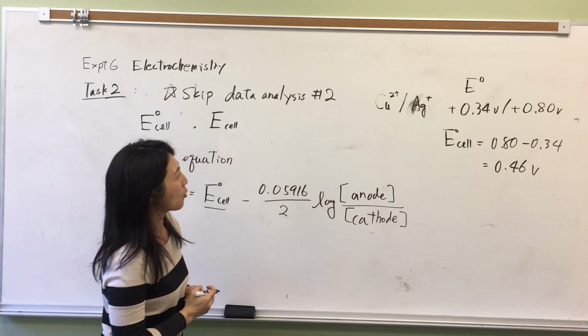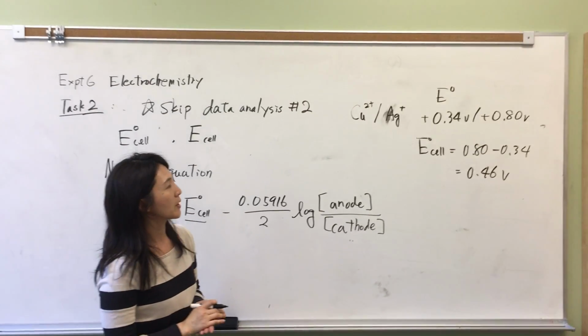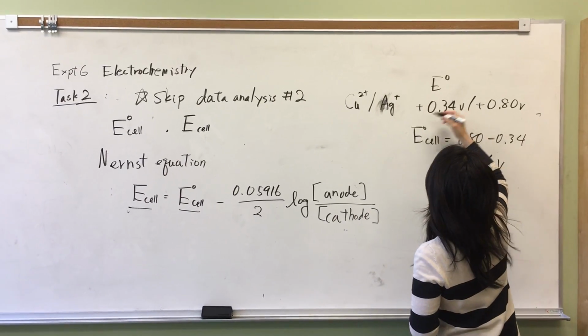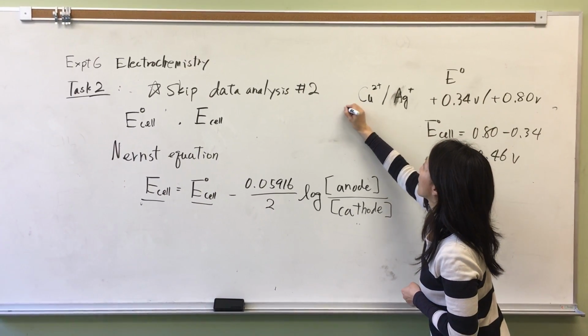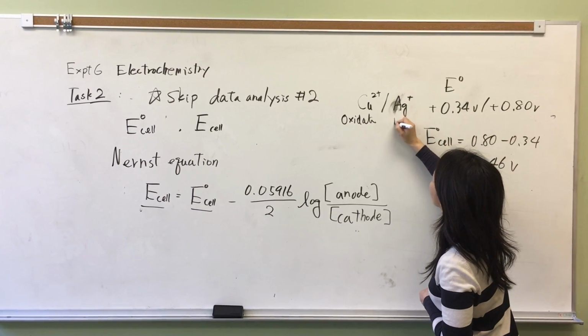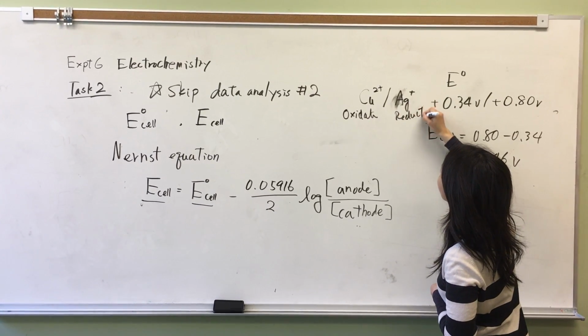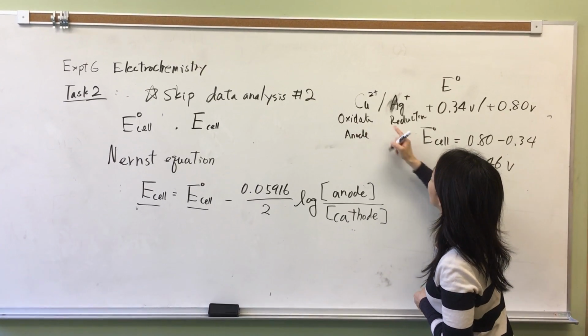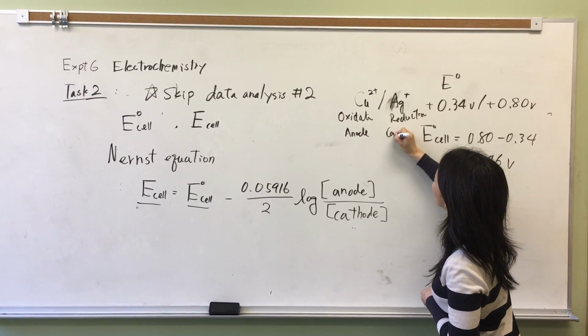Then which one is anode and which one is cathode? Copper is oxidation and silver is reduction. So the oxidation is the anode, and the reduction is the cathode.